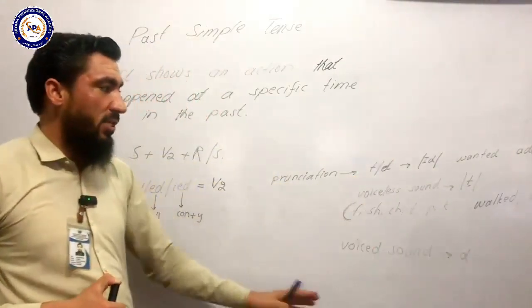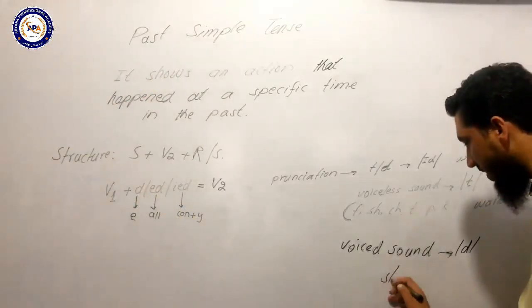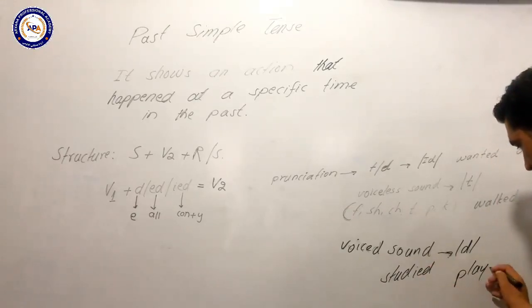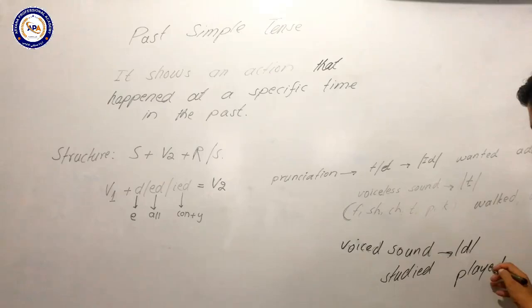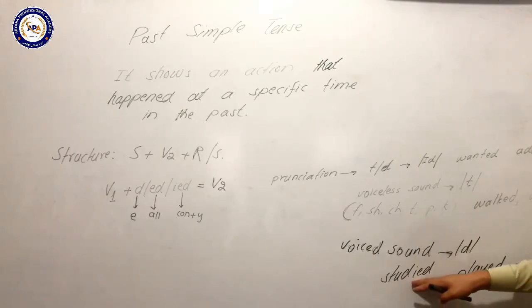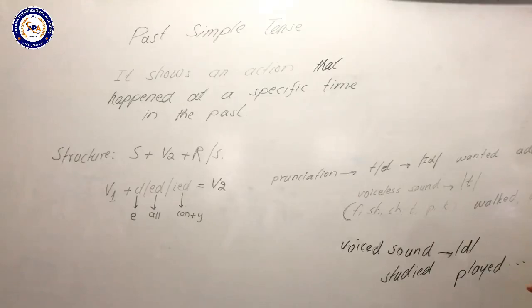And except these two formulas, the ending D, ED or IED is pronounced as D. Like studied, played, and so on. Studied: the sound of Y. We only add D.